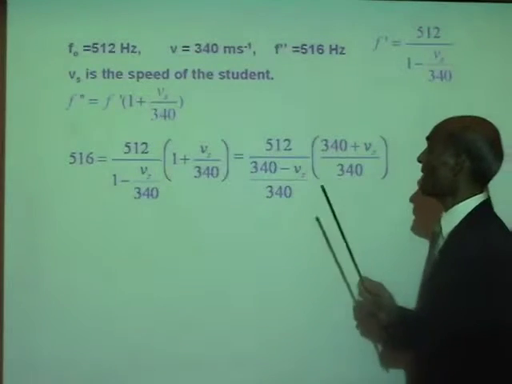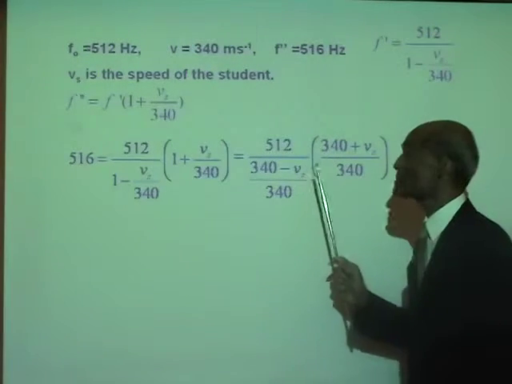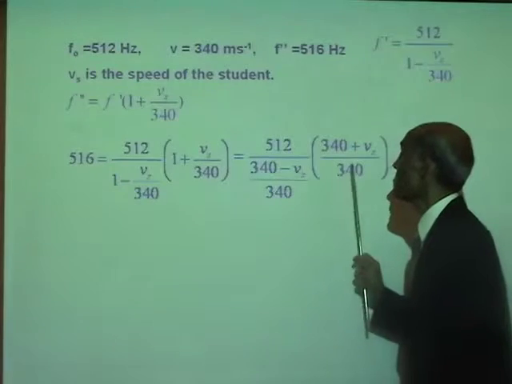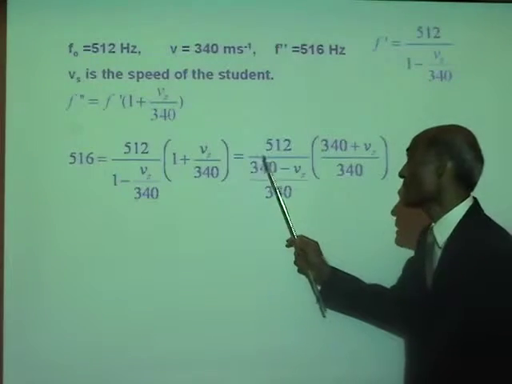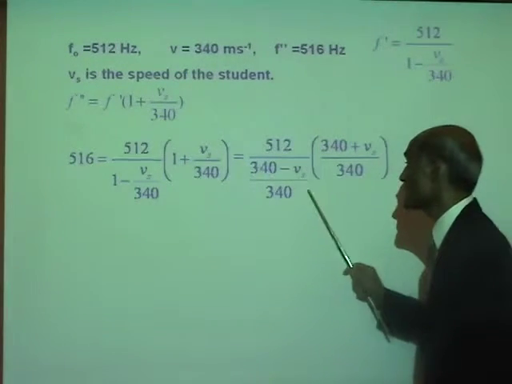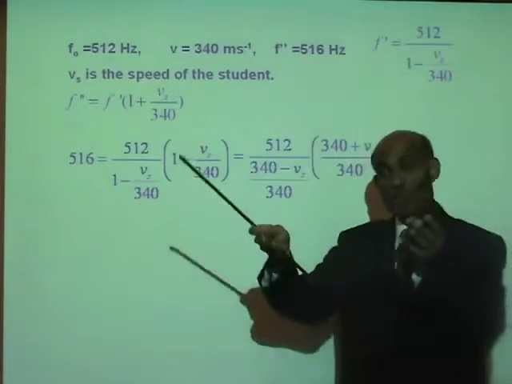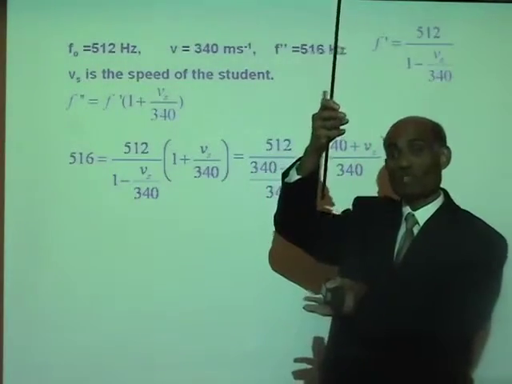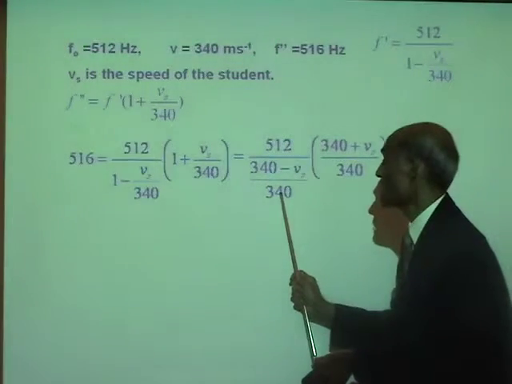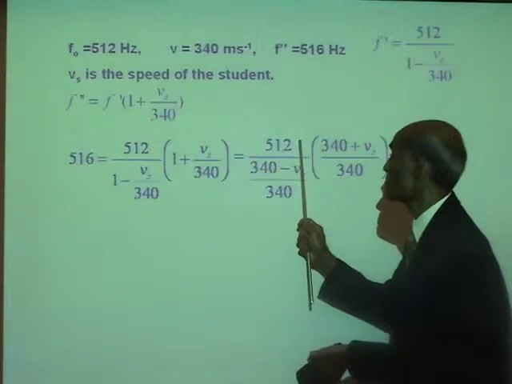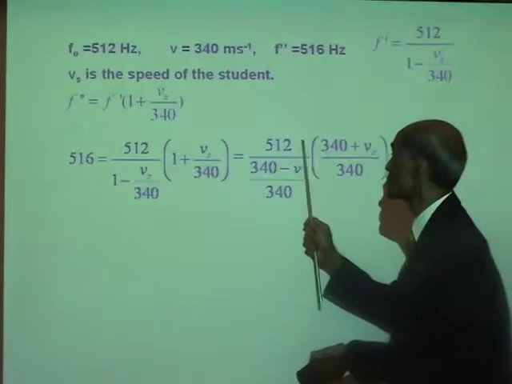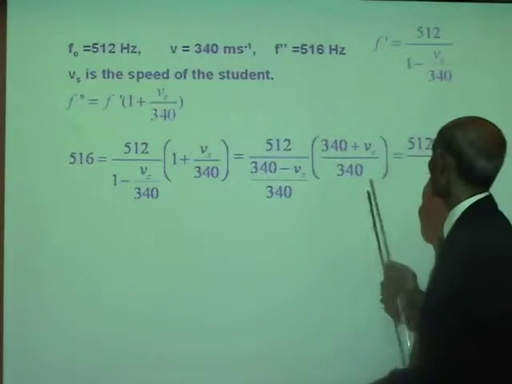What next? If you now understand this, you know that 340 and that 340 will cancel, because this is the denominator. You are dividing by a fraction, so you got to invert and multiply. When you do that, this 340 will go to the numerator, which will then cancel with that 340.